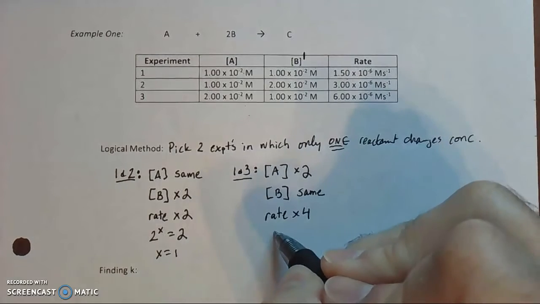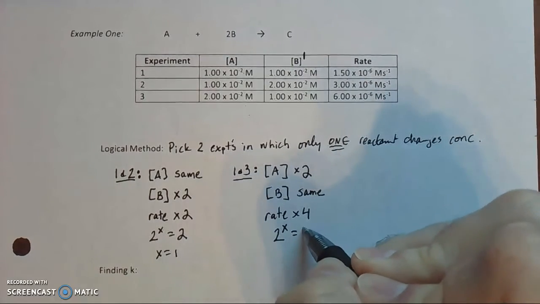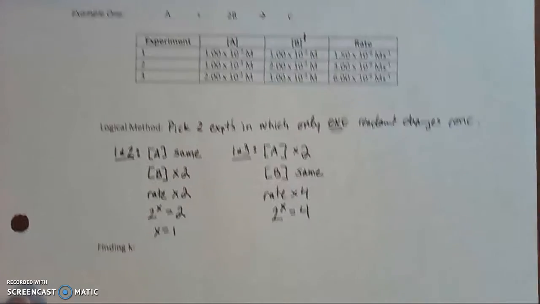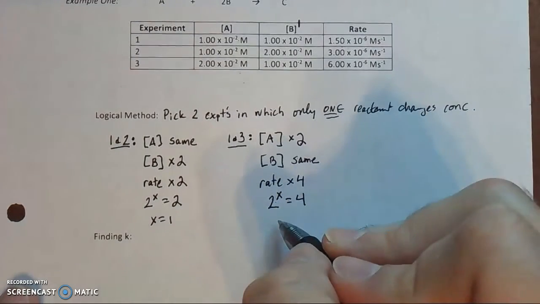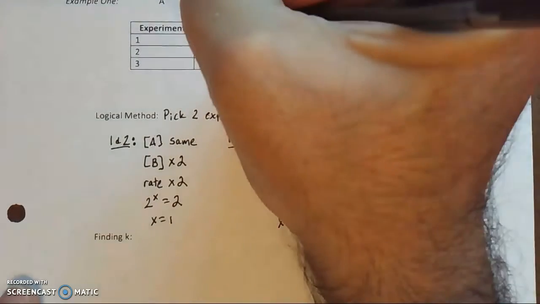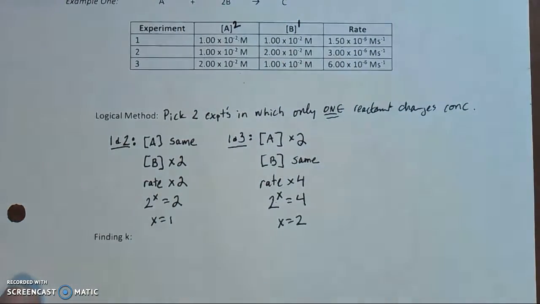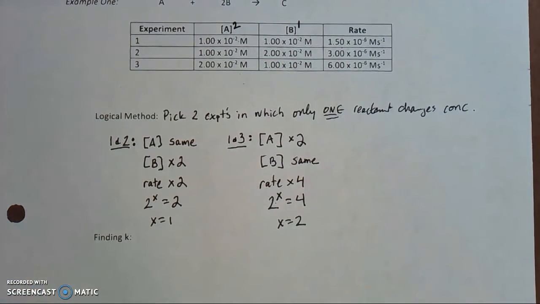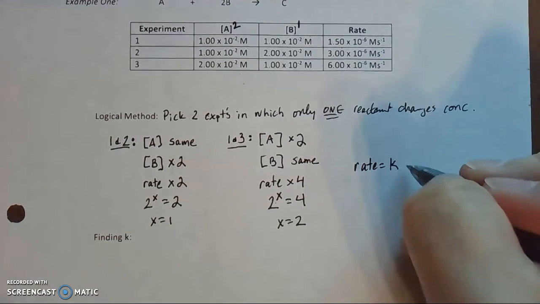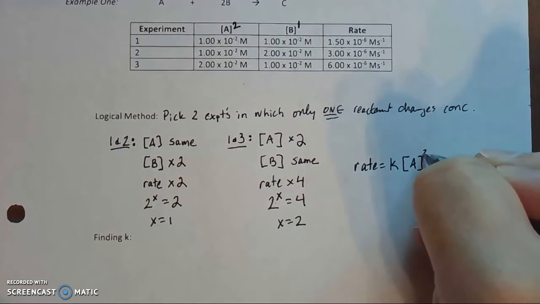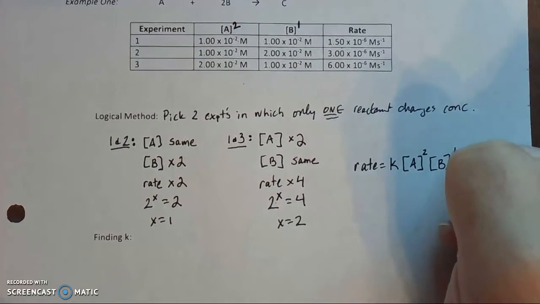So if I know that A goes up by some factor and the rate goes up by 4, I know: 2 to what power is equal to 4? 2 to the second tells us that the rate is proportional to the square of A. So I know that my rate law is going to start looking like this: rate is equal to k times A to the second, B to the first.